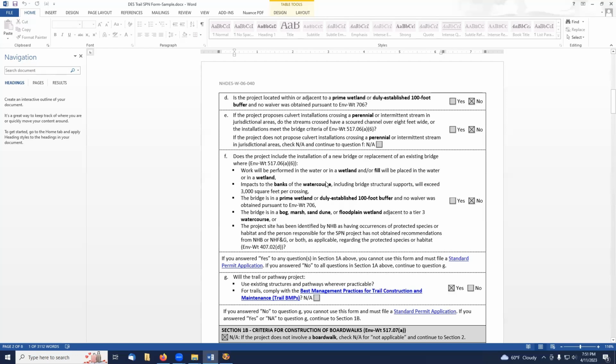Impacts to the banks or water course, including bridge structural supports, will exceed 3,000 square feet per crossing. So the impacts to the banks are going to impact more than 3,000 square feet. So the rule of thumb is if you're doing a bridge, it's got to be bank to bank, meaning not the bottom of the bank, the top of the bank.